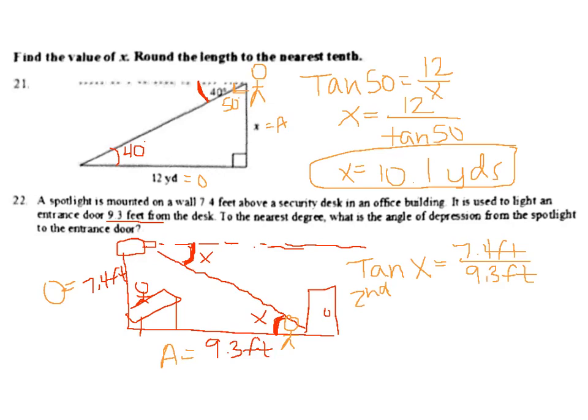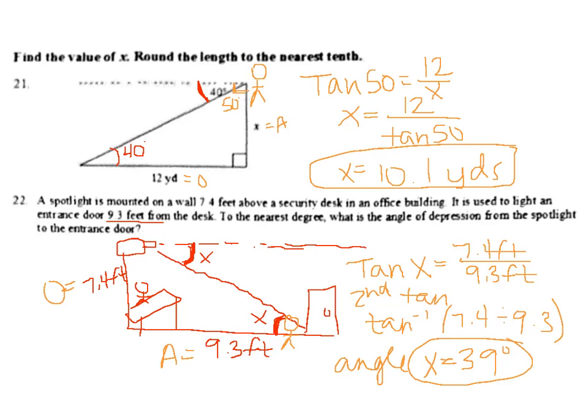So I have to hit second, then tangent. Okay, and it's going to come into my calculator as tangent inverse. I type in 7.4 divided by 9.3. And what I get is 38.5, which really means that this angle, which we've labeled x, is 39 degrees because we're rounding to the nearest degree.